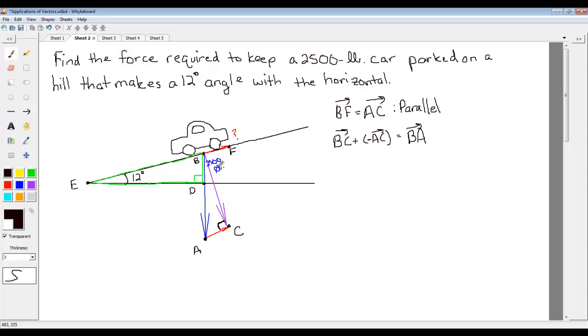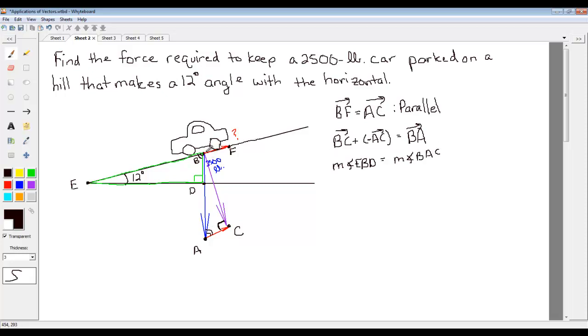Knowing BF and AC are parallel, the measure of angle EBD, this angle right here, equals the measure of angle BAC, which is right here. You might be wondering, how do you know that?